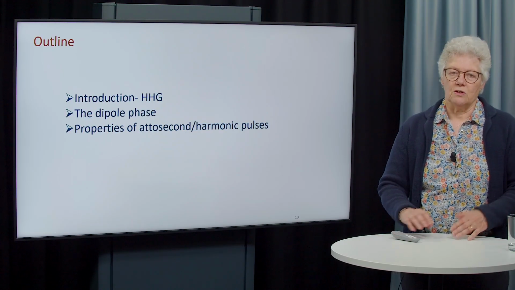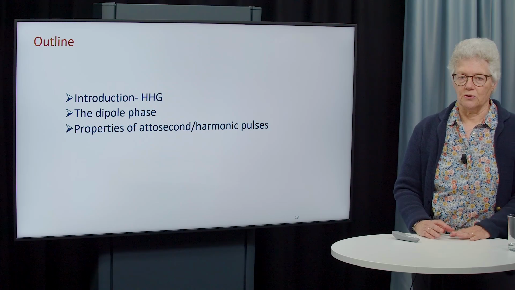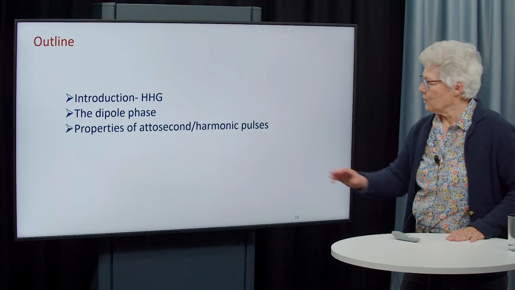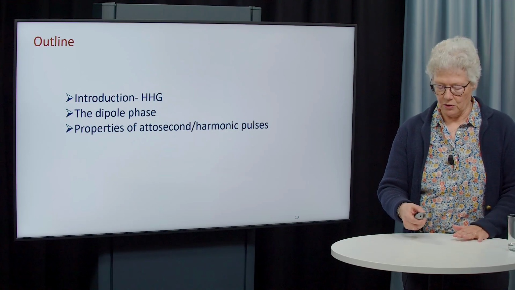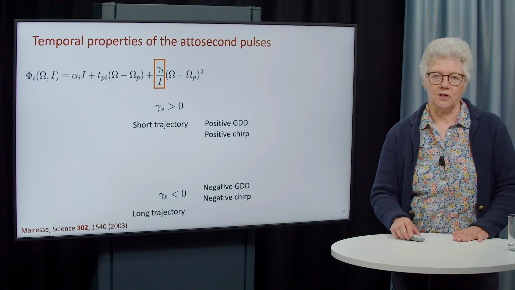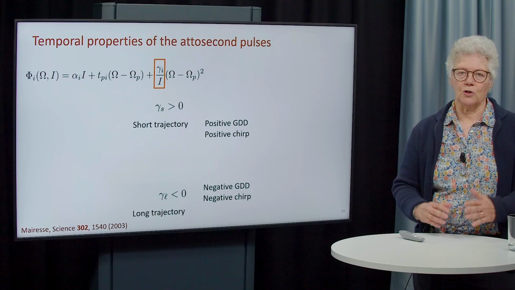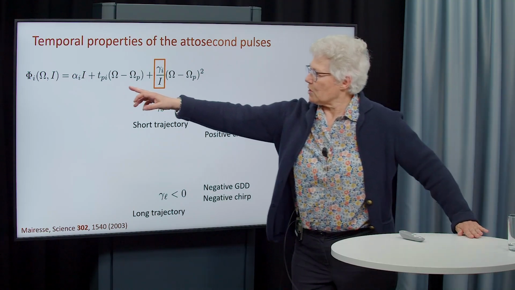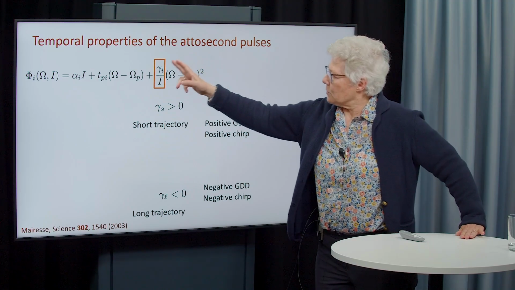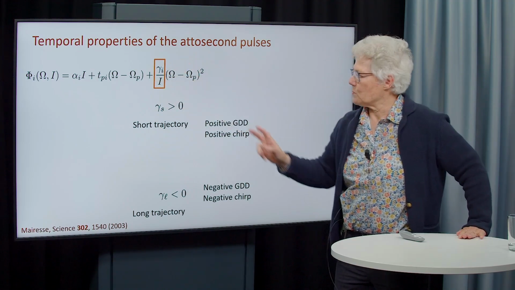This brings me to the last part of this first part of the introduction: properties of attosecond light pulses or harmonic pulses. Let me start with the temporal properties of the attosecond light pulse. Looking at this expression, you see that you have a term which is the group delay dispersion.